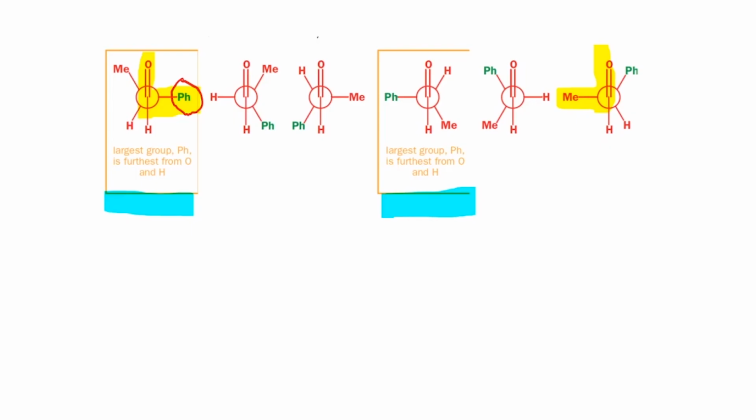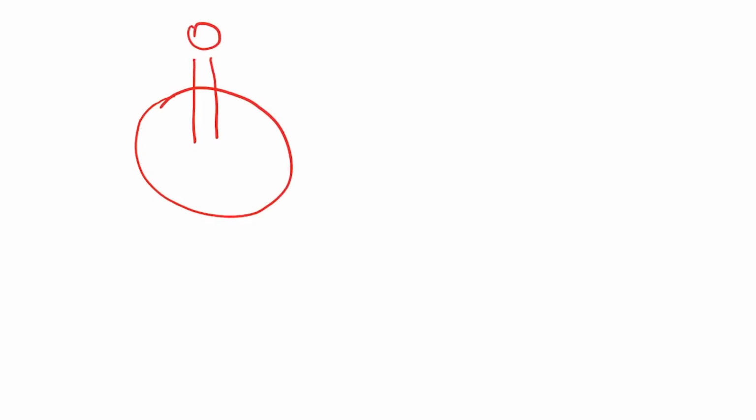Okay, so as a general model, what we need to look at is we drew out these 2 structures here. One is this, where you have the C double bond O over here, the hydrogen here, the phenyl ring was over here, methyl was here, and H was here.